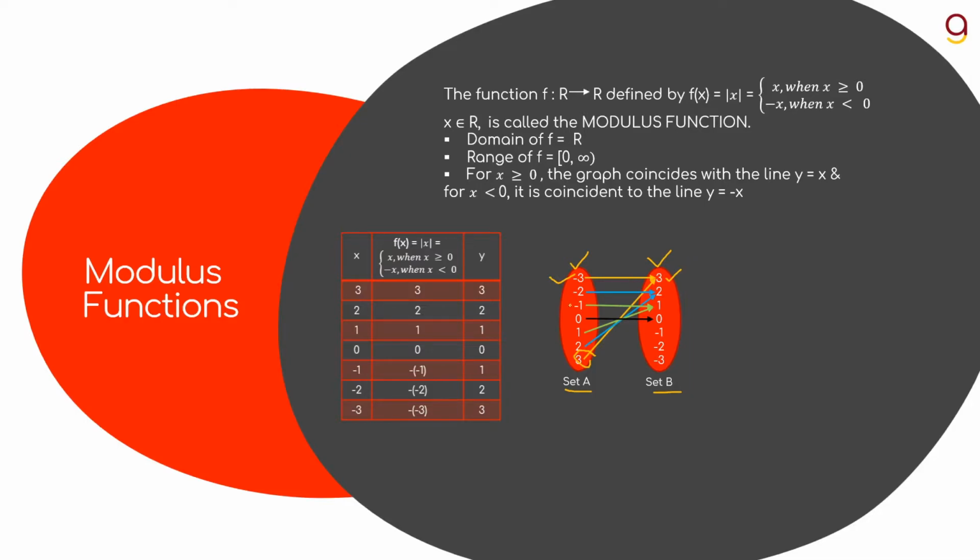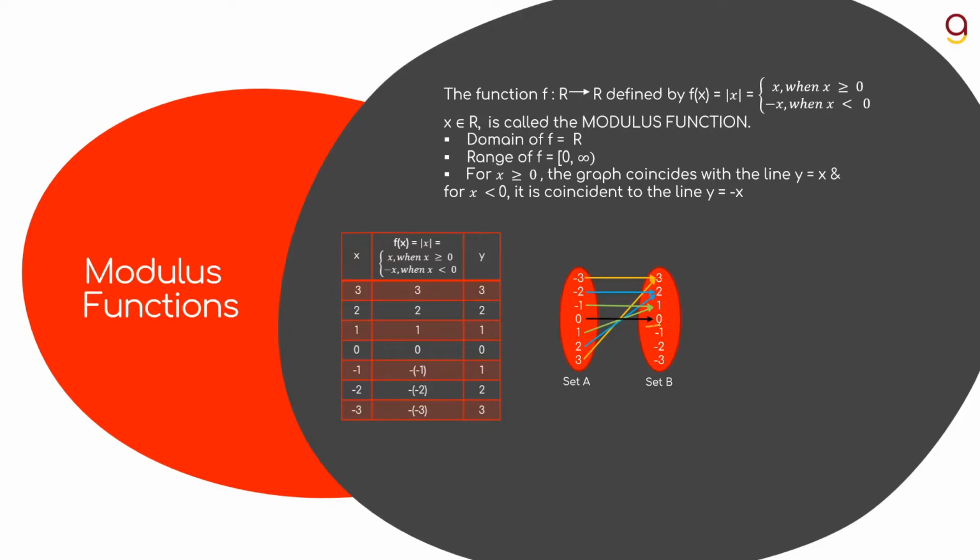Now what will be the image for minus 2 and 2? Both minus 2 and 2 have the unique image 2. Similarly, minus 1 and 1 have the unique image 1. And 0 has the image 0. From here we can see that the set of range does not consist of any negative numbers.